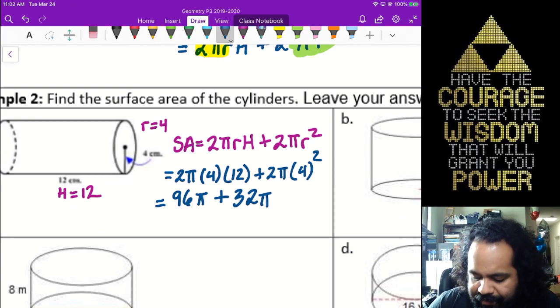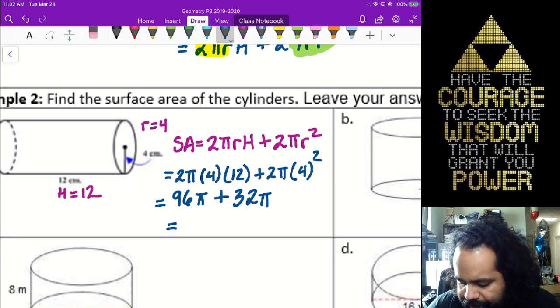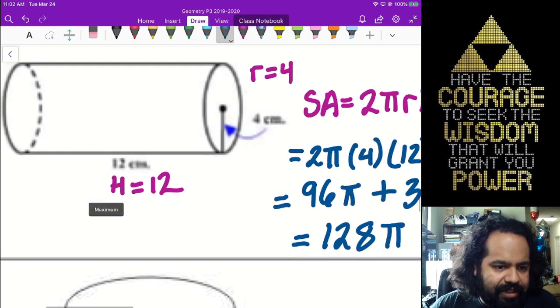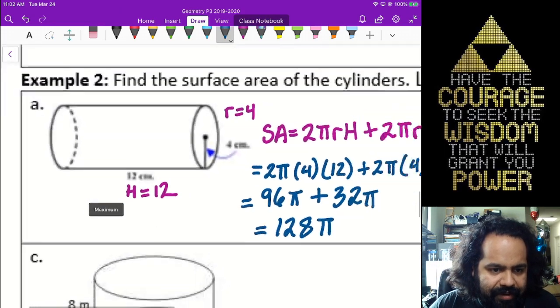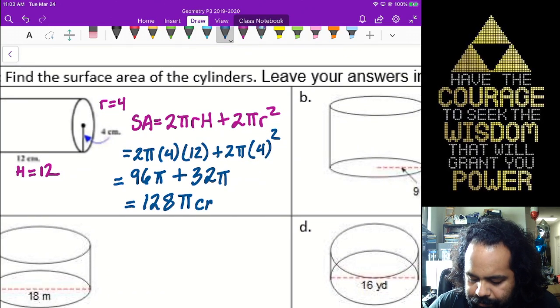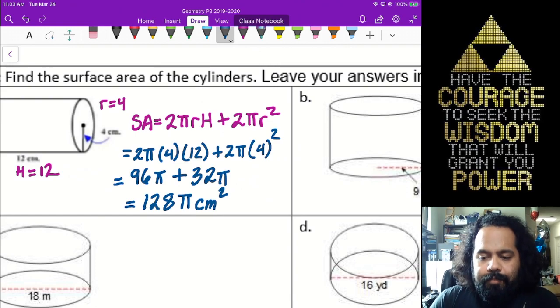And again, just add them together and then you're done. So what is that? 128 pi. And then again, it's a little hard to read. My sincerest apologies. But those are centimeters. So centimeters squared. Boom.